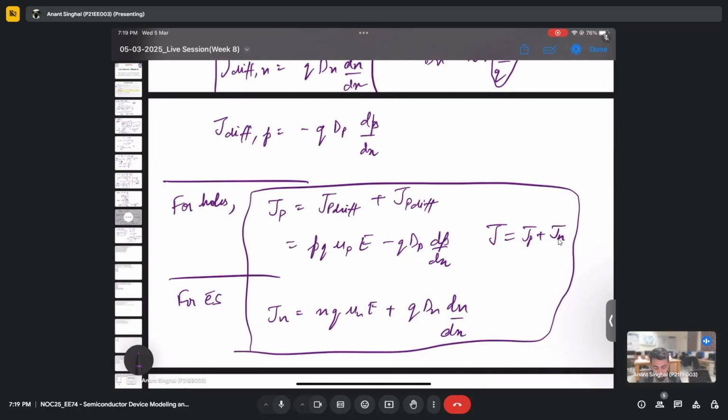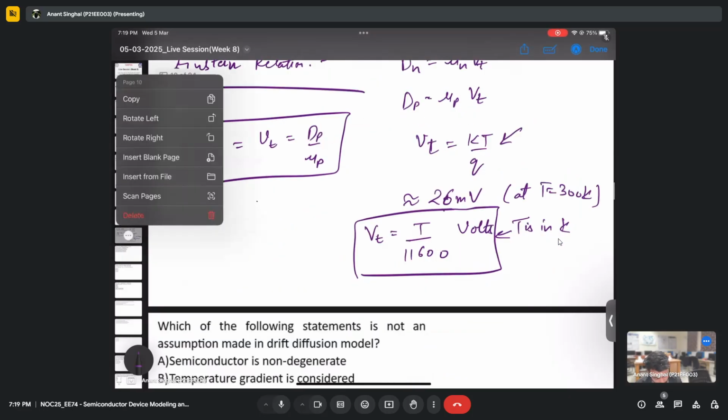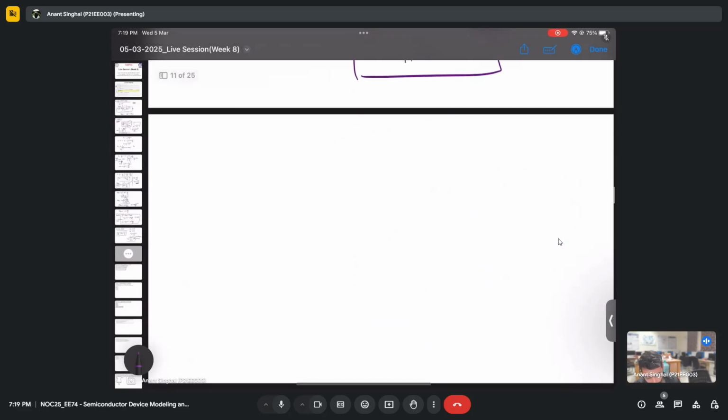So now that we have the idea for the components, let's solve a very simple problem. That will help you clarify things better.